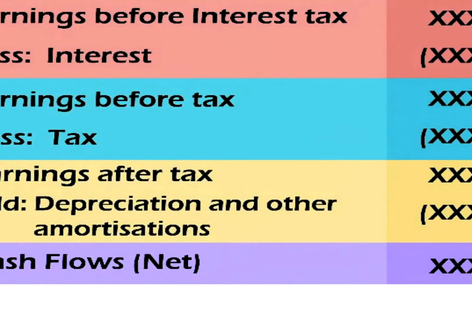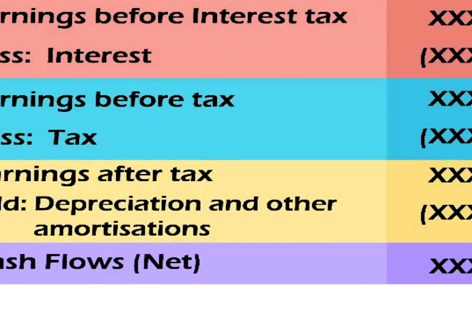How shall we compute cash flows after tax? We will take the figure of earnings before interest and tax. Reduce the financial charge, that is interest. What we get is earnings before tax. Now deduct the taxes at the tax rate.